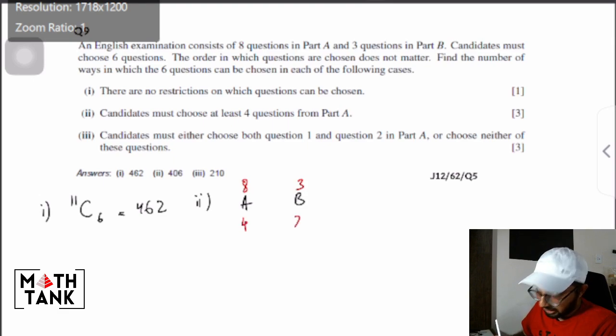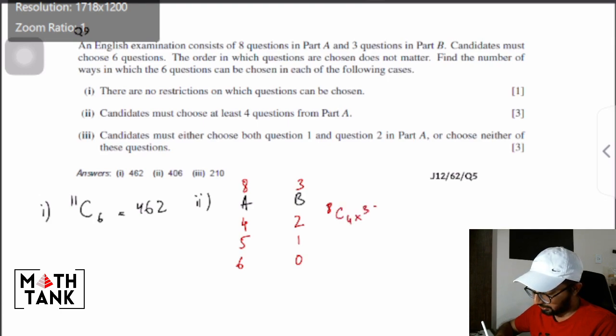If 4 questions from here, then 2 from here, 5 from here and 1 from here, and 6 and 0 could also be a possibility, since the question is not restrictive about attempting both sections. So 8C4 into 3C2 plus 8C5 into 3C1 plus 8C6.